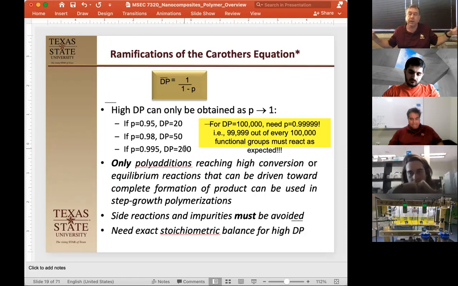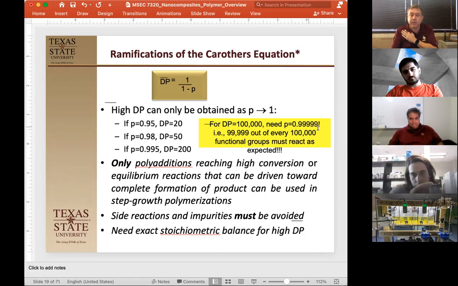So that means we have 200 repeat units here, and that could be a high polymer. So now if you wanted something that's a million molecular weight, you have to have 0.999 to 1 to get your DP to be 10,000 or 100,000. So look at that. You have to look at the purity required to get to this.